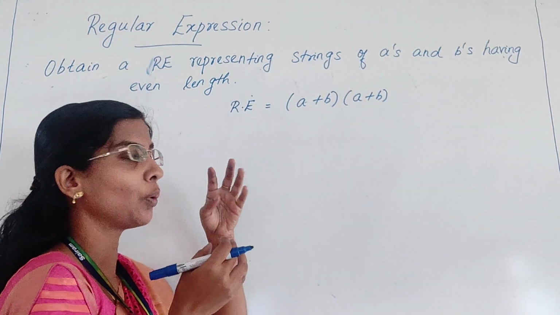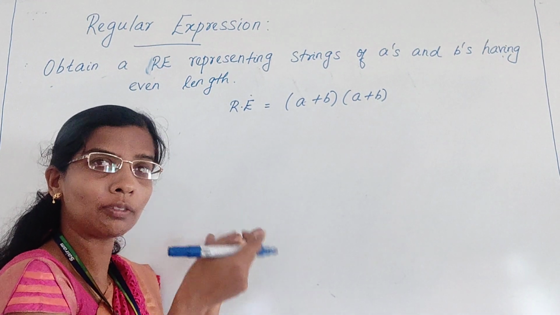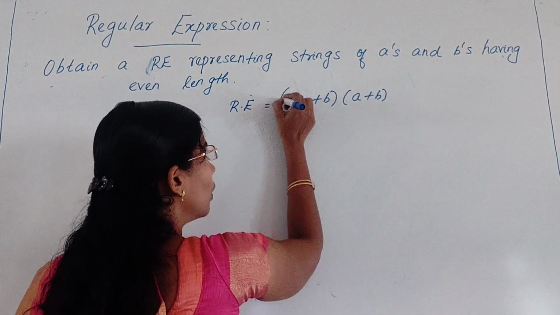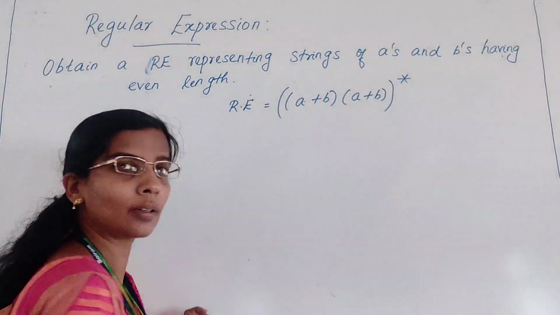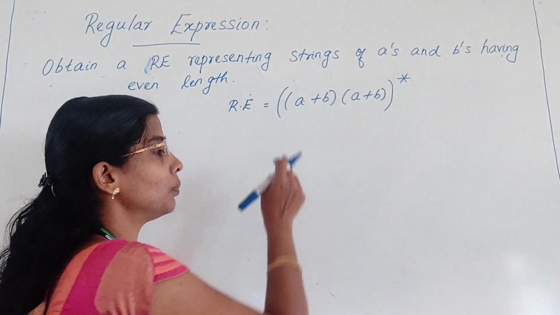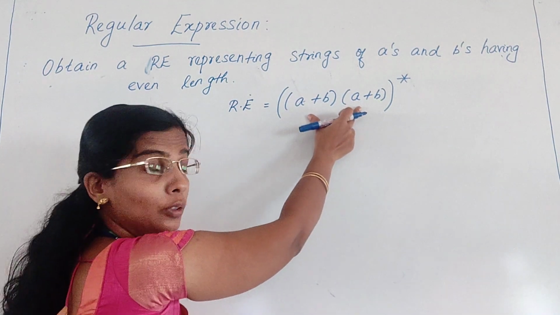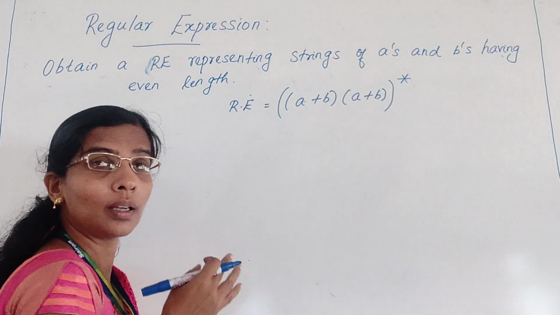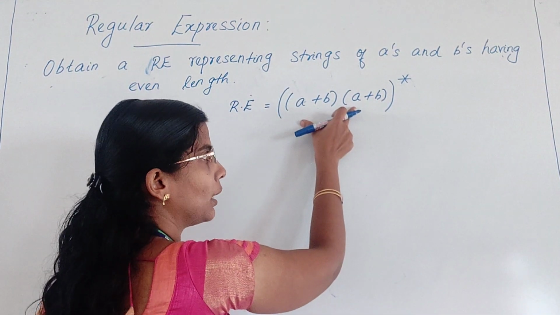Suppose I want 4, what should I do? This 2, I have to repeat it. For the star, if I want strings of length 2, the star takes 1, so only one time I will repeat it.